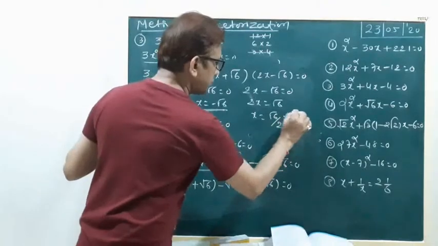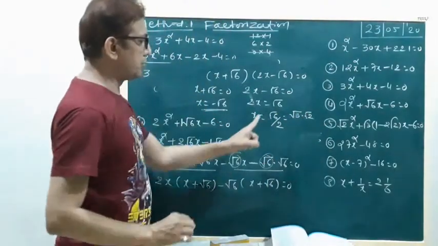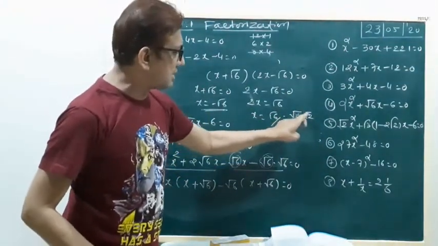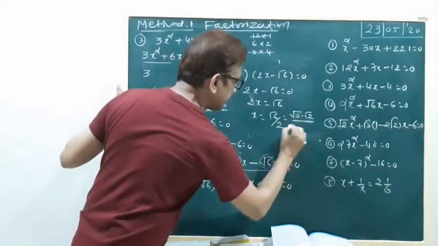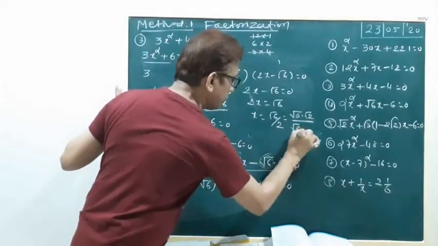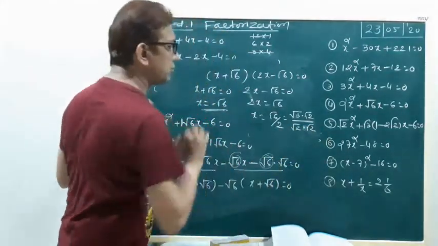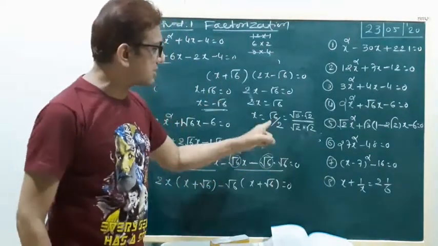Root 6 is equal to root 3 into root 2. Root 6, that is root 3 into root 2. Root as it is, 3 2s are 6. Root 6 as it is, okay? And in denominator, splitting 2, root 2 into root 2. Root 2 into root 2, that is root 4. Root 4, square root of the 4, answer is 2.